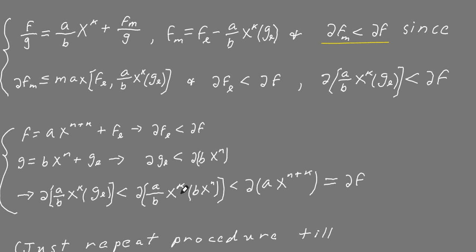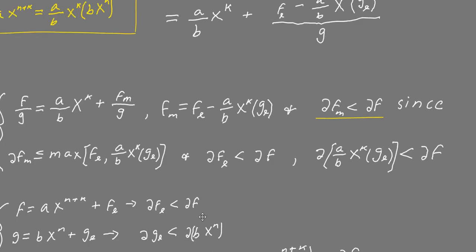So this will be smaller than this, and over here the b's will cancel, and I'll have an a from here, and then I can combine the exponents over here and have x to the n plus k, and this here is just the leading term in f. So the degree of this is the same as the degree of f. So the degree of this term over here, from here, is smaller than the degree of f.